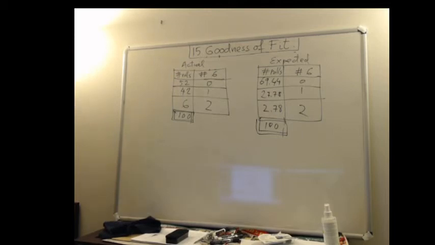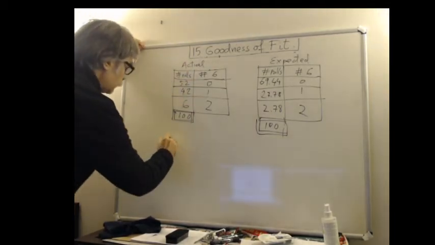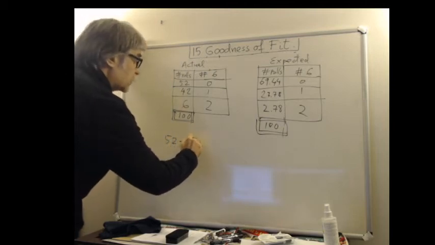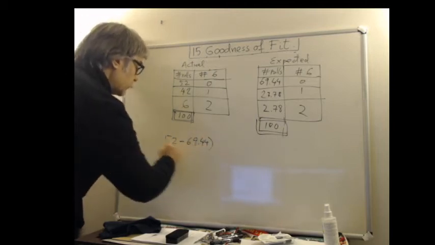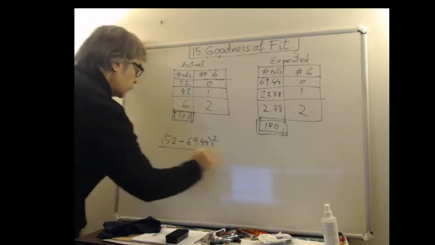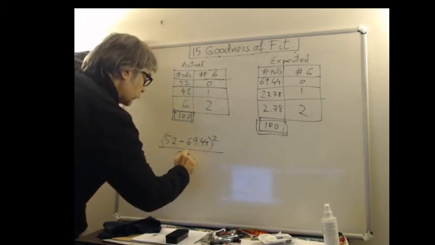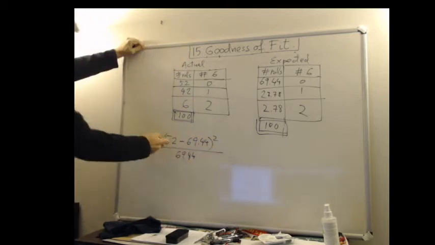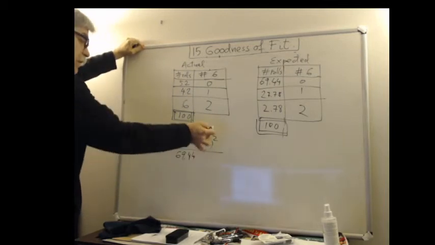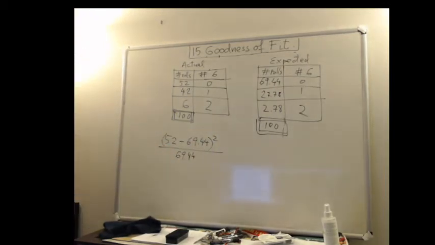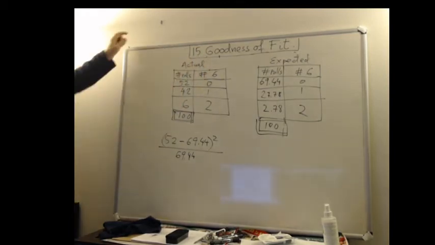So in our story, that should be actual minus expected: 52 minus 69.44, square that, divide it by 69.44. So again, actual minus expected, squared, divided by expected. That's one category. This is when you have no sixes.